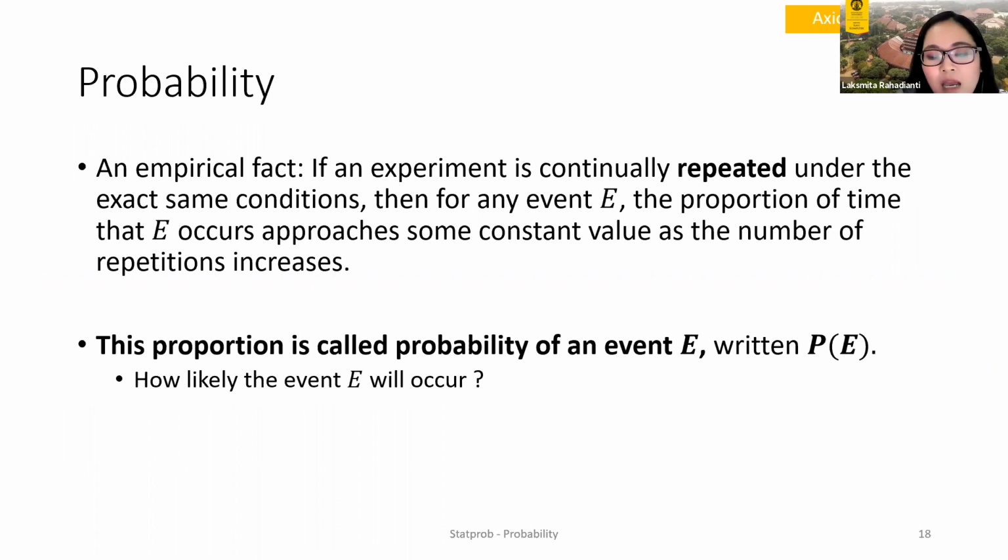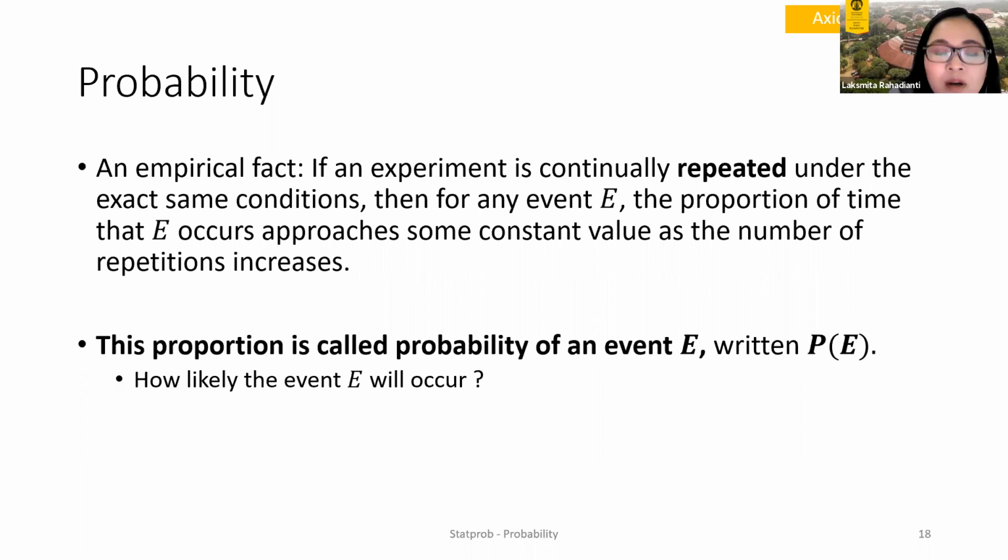So if I'm talking about the amount of gas in my car, is it enough for me to drive from Depok to Pondok Indah today? If I drive from UI to PIM every single day, enough times, eventually the proportion of times in which my gas is sufficient will approach a certain number. And that is the probability.